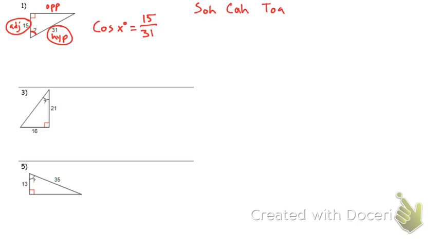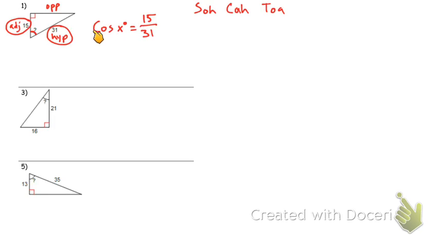Okay, and now we want to solve for x, and here is the difference. If you look, x is actually a degree. It's the angle. So in other words, we must get rid of cosine. To eliminate cosine, we got to split cosine away from x.